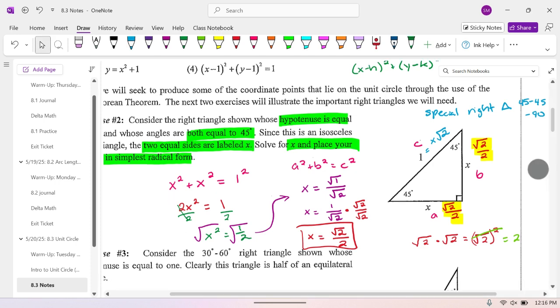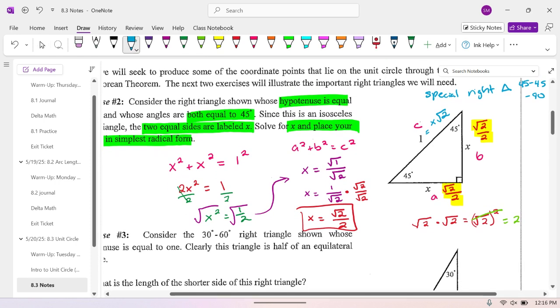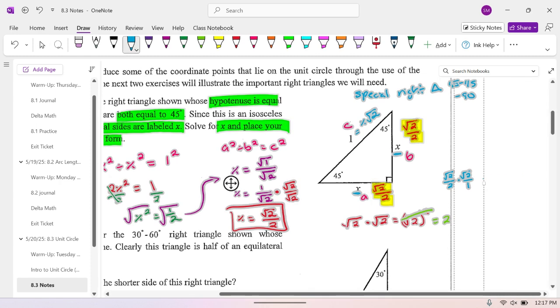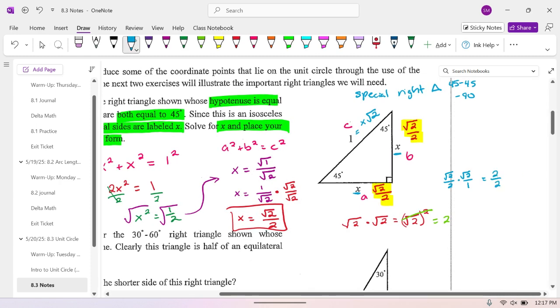So let's say we have x and x, and then the other side would be x multiplied by the square root of 2. If we multiply the square root of 2 over 2 by square root of 2, we would get 2 over 2, which is what? 1. So it works. All right.